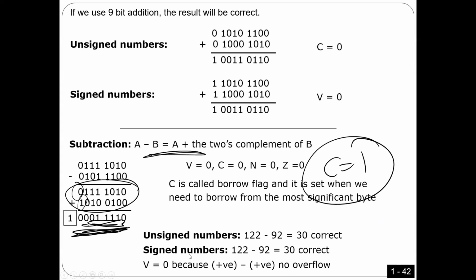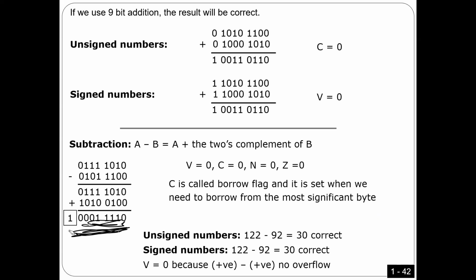Look here, guys. If the numbers are unsigned, something is wrong here. Sorry. The B is the ones complement.